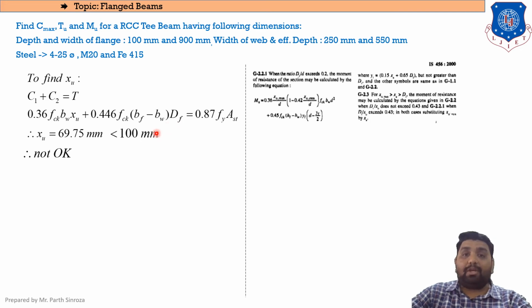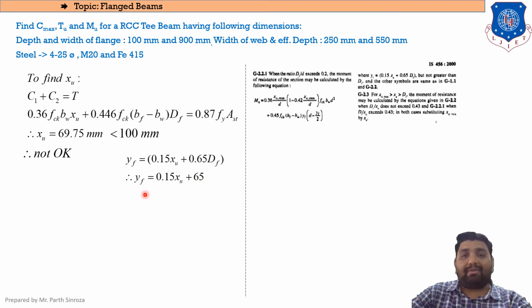So first we will be looking at the equation of YF, as mentioned on page number 97 of your IS 456-2000. It is 0.15 XU plus 0.65 DF. So we can say that YF equals 0.15 XU, where XU is our unknown, and DF we already know is 100 mm, so plus 65.